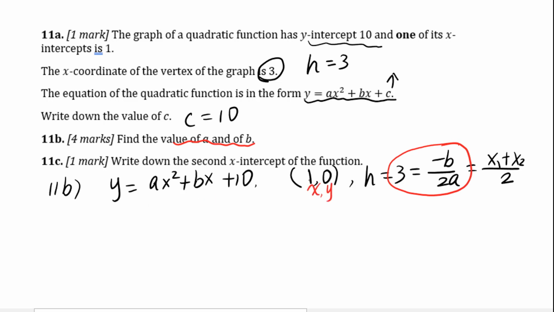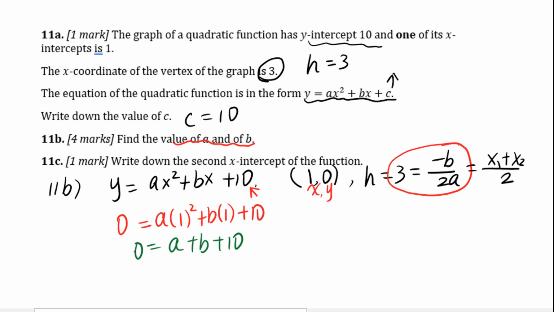First of all, let's plug in x equals 1, y equals 0 to this equation. We will get 0 equals a times 1 squared plus b times 1 plus 10. So we have a plus b plus 10 equals 0. This is the first equation.